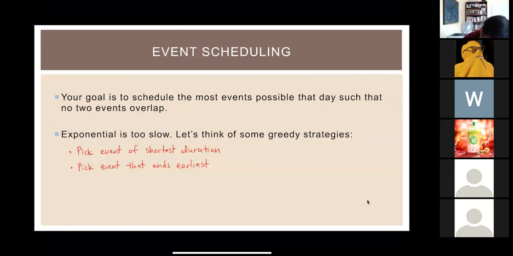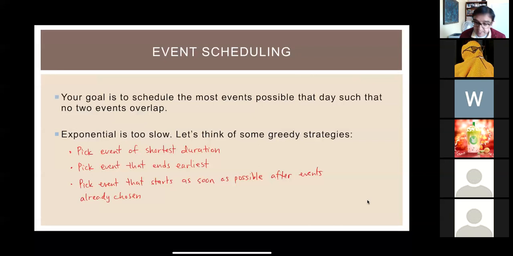So pick the event that starts as soon as possible after events already chosen. That's how we would say that. So that's a good suggestion. And we just need to phrase it in a way that tells us the specific criterion for picking the next event.